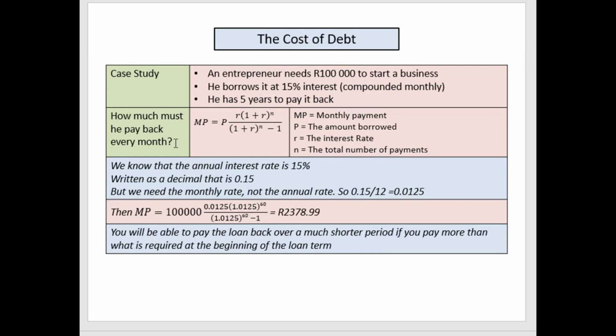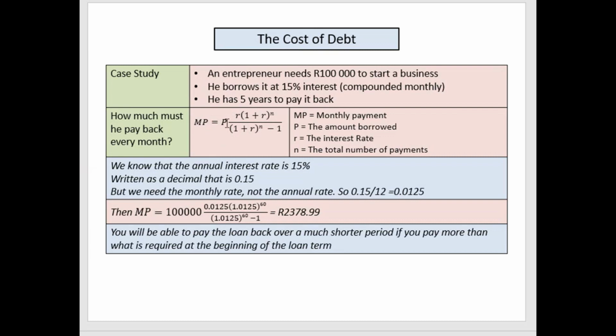Now there's a formula. You don't need to know the formula. Okay, but if you ever want to know how much you must pay back on a monthly budget, what you will do is you will go onto a loan calculator of a bank and you will not use the formula. But if you don't have access to a bank's loan calculator or an Excel template, there's plenty of them as well, then this is the formula that they actually use to compile the template.